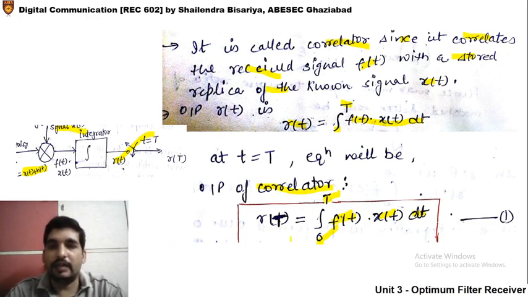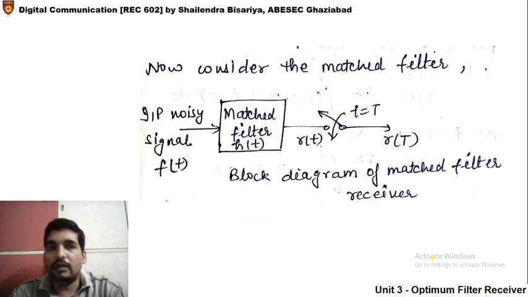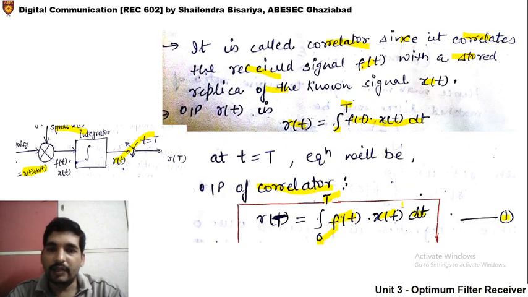Let us write this as equation 1. Now let us go back to the matched filter, which we discussed in the last two lectures, and compare its output with the output of the correlator receiver.